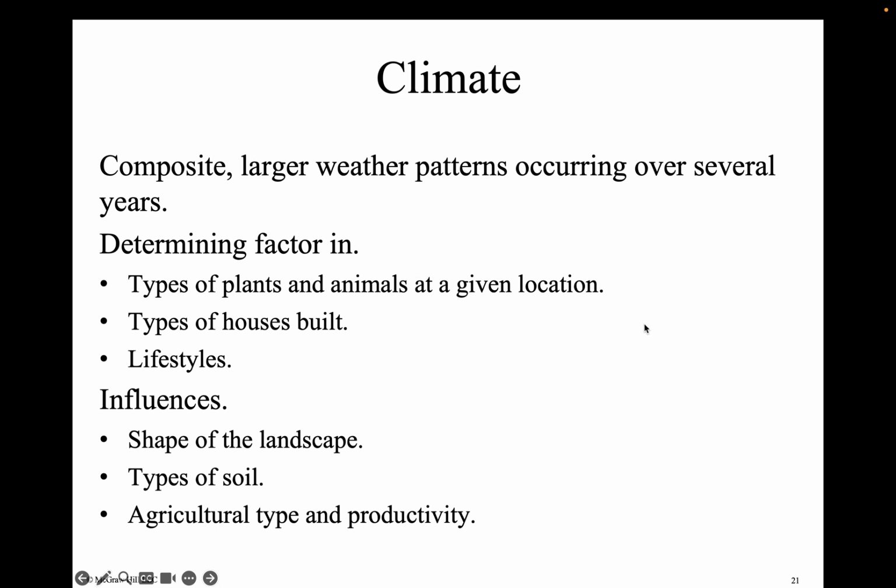As you can imagine, the types of forests that we have here in the US are very different from the types of vegetation that we have at the poles and at the equator regions. Also, it determines what kind of houses should be built and what lifestyles you're going to have.